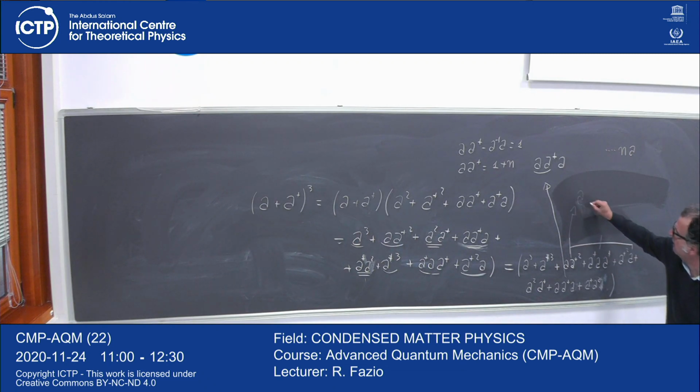So you have A, you have A dagger square, but this A A dagger is equal to what? 1 plus N A dagger.